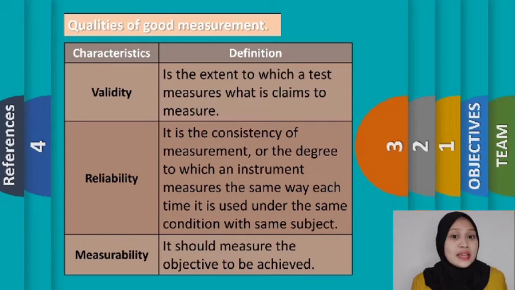So, in short, it is the repeatability of your measurement. Remember, a measure is considered reliable if a person's score on the same test given twice is similar, which means even if you repeat it, the result is still similar.